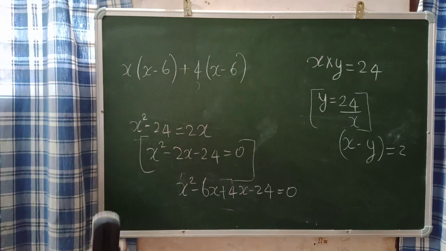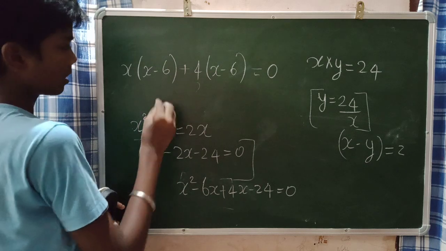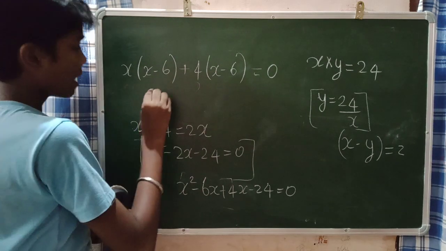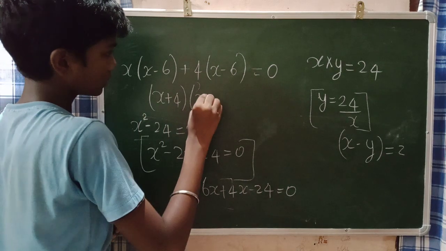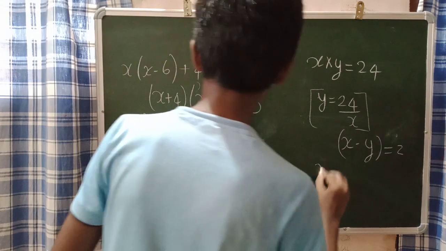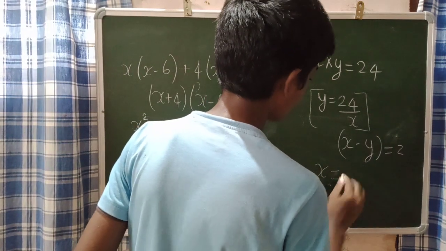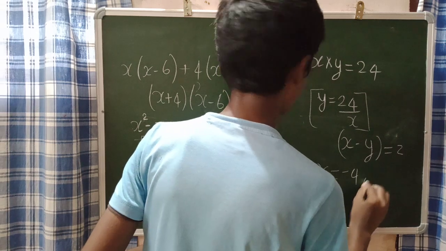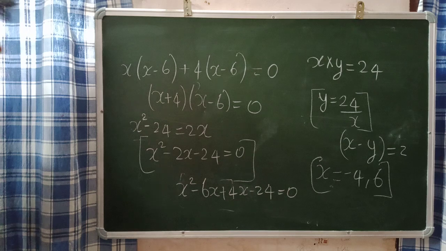So I will get the same equation in quadratic factorized form as x plus 4 into x minus 6 is equal to 0. That means your x can be minus 4, or otherwise it can be plus 6. Correct? Your x can be minus 4 or otherwise it can be 6.